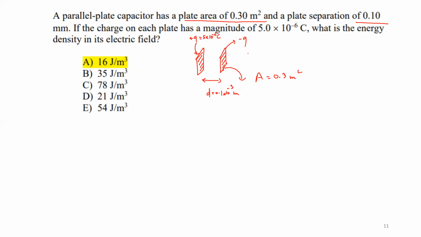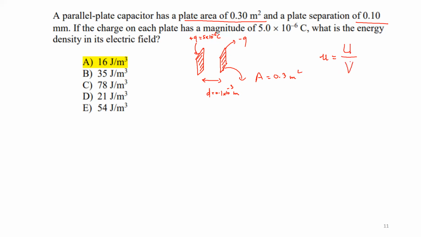Okay, now the question is, what is the energy density in the electric field? Well, two ways to do this. You know that energy density, called small u, is the electric potential energy stored in the electric field divided by the volume.